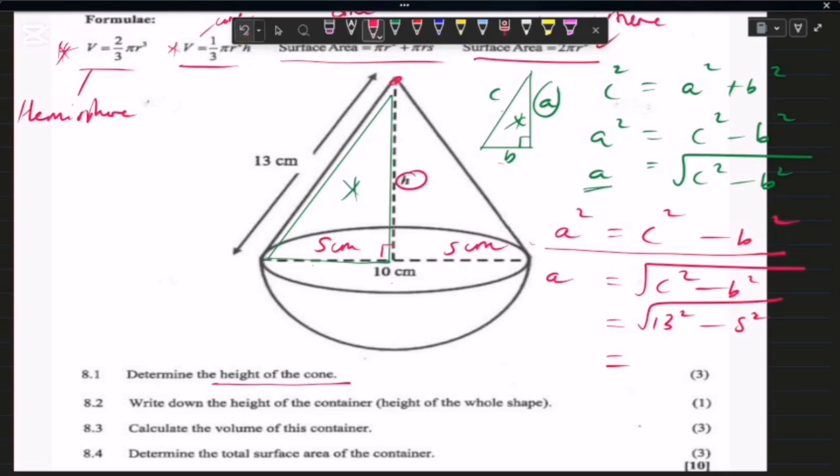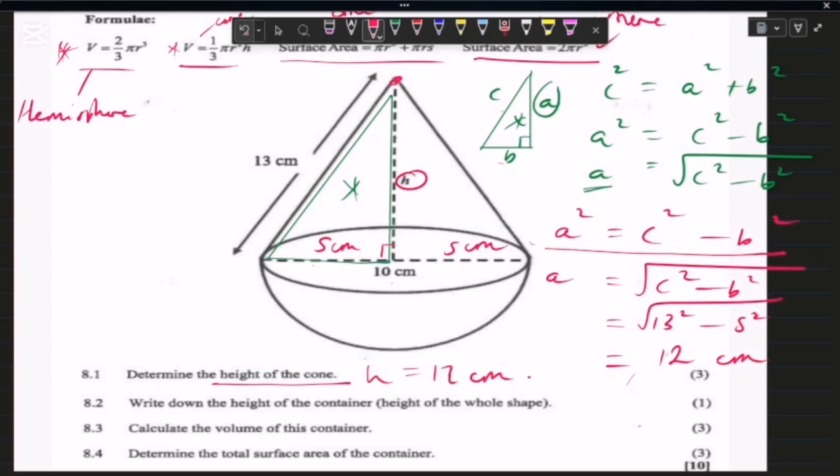Now if we put this in our calculator, we see that the value that we get is 12. That means that our A or our h is 12 centimeters. So our height is equal to 12 centimeters.